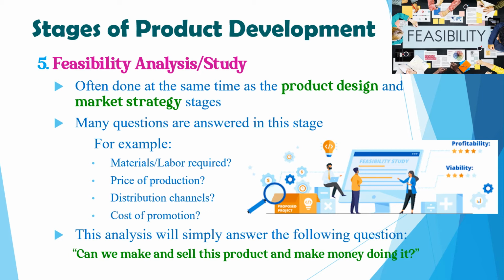Is the price of production going to be way too high? Do you have the distribution channels in place to get your product to the consumer? And what about promoting your product? How will you do this? Will it be cost effective? So basically, again, you are answering this very simple question. Can you make and sell this product while making money doing so?